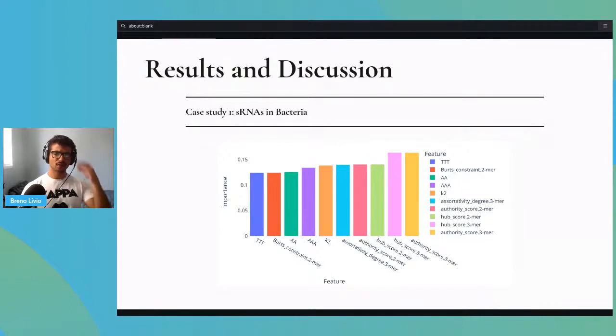Furthermore, features based on complex networks have an important highlight in terms of information gain. We can see, for example, that the first 5 features in this image are features from the complex networks descriptor, showing its contribution for an improvement in our machine learning classification task.